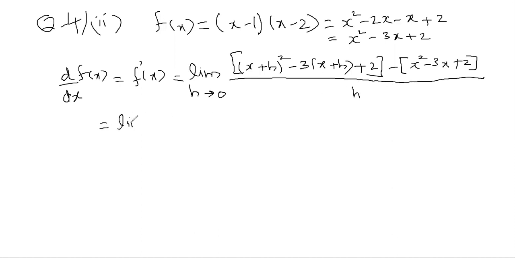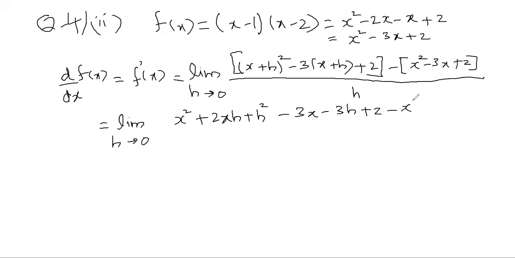So limit h tending to 0, x plus h whole square is x square plus 2xh plus h square. Minus 3 multiplied inside: minus 3x, minus 3h, and plus 2 as it is. Minus multiplied inside: minus x square plus 3x minus 2, and this whole term is divided by h.